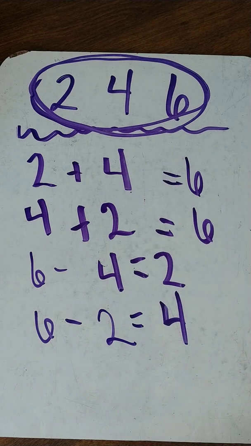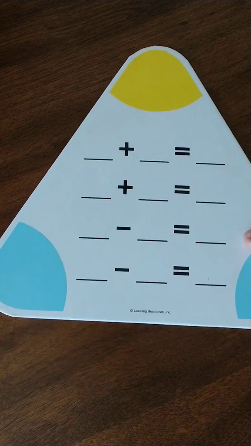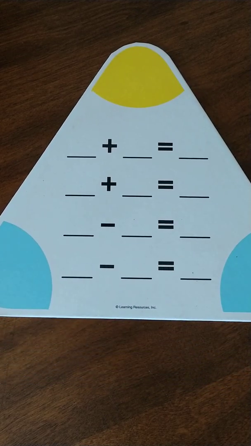Now, I have this fun little tool to help me remember. It's my fact family triangle. In a fact family triangle, we just go around the circle of the fact family. My blue marker no longer works because we're on a blue surface.